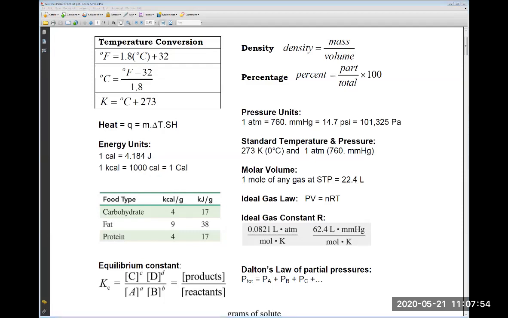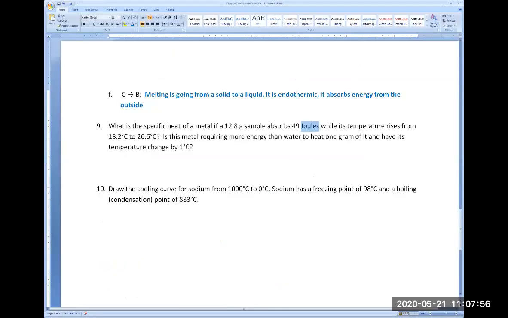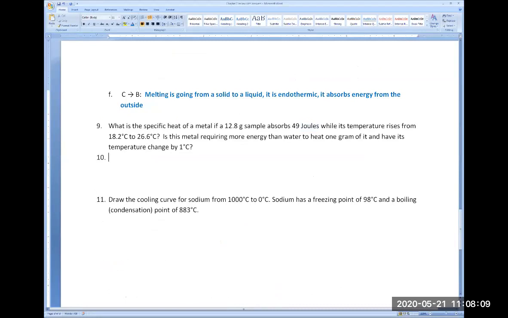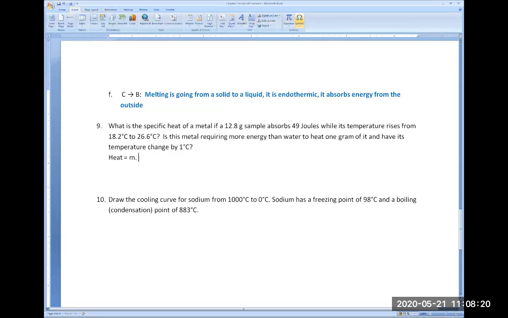And I know you may not have reached that point in chapter 7, and I understand if you have not. So we will need to use this formula that says heat equals m times, so it's going to be a dot, delta T, the temperature change, times SH.